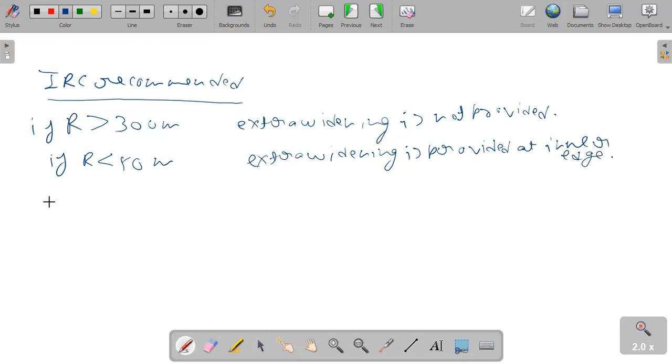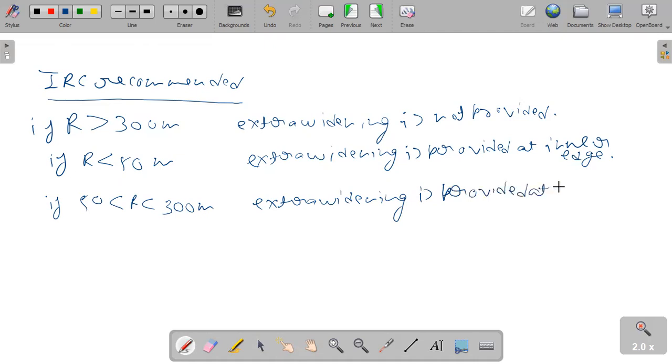And if the radius is between 50 meters and 300 meters, then extra widening is provided at both edges. So this is all about extra widening.